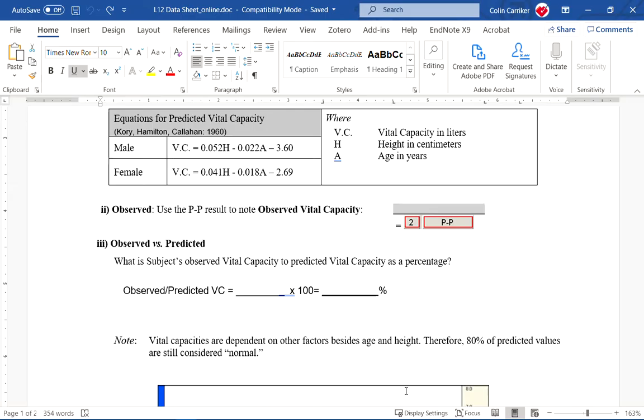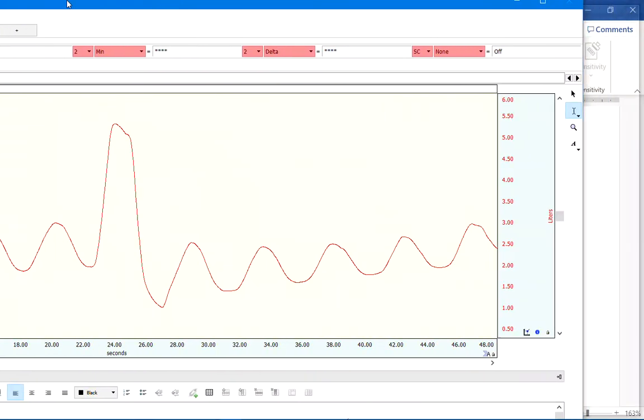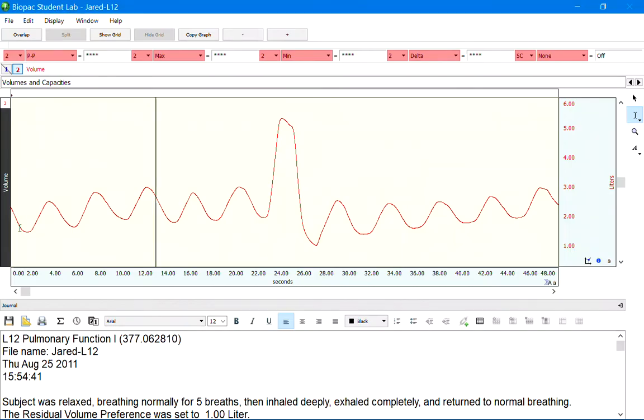So if we open up our Biopac data, you'll notice that we have this clean set of data with 5 different breaths. Now, as an example, I'm using the sample data from Jared, but you'll be sure to observe which data you will be analyzing for your lab experience.